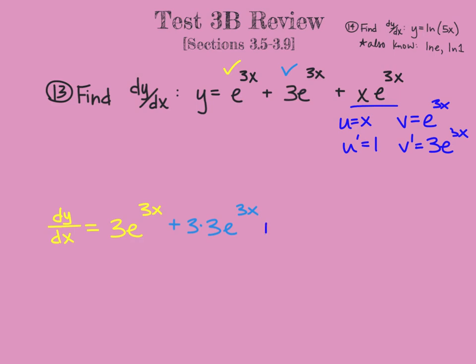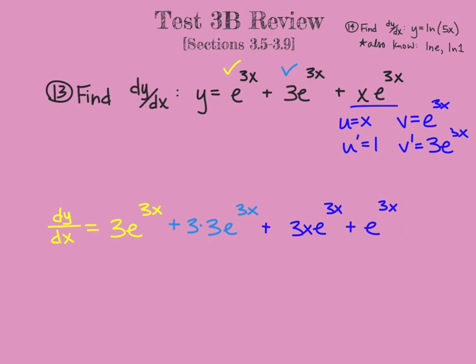So when we use the product rule, we'll have u times v prime plus v times u prime. I don't really need those parentheses because I'm just adding, not subtracting or distributing anything through.